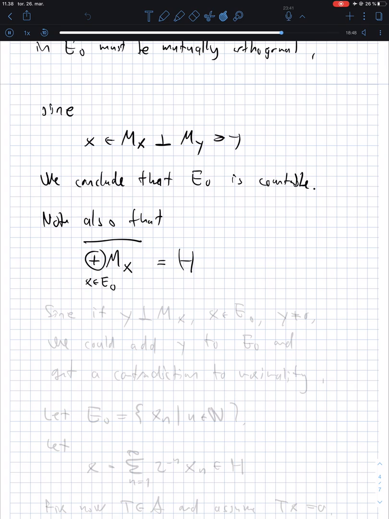And that follows since if y was orthogonal to all the Mx's with x in E naught, and y was not the zero vector, we could add y to E naught and get a contradiction to maximality.